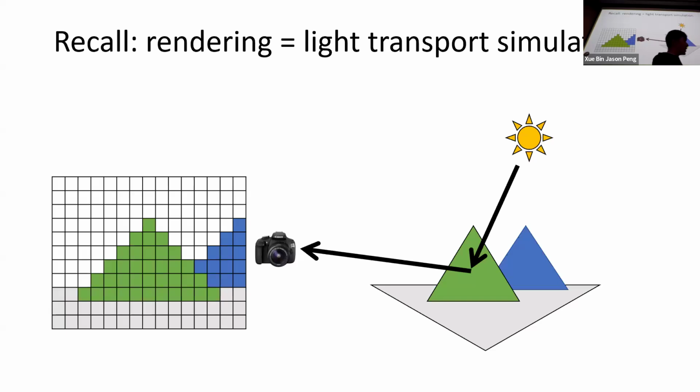Given a scene, let's say here we have a scene of a bunch of different triangles. We have light being emitted by the light source that reflects off of a surface in the scene, and then that light would be captured by our camera in order to form an image that might look like the one on the left here. Now, in order to form this image of the scene, we have to determine which objects are going to be visible at every pixel, as well as the color that we should assign that particular pixel.